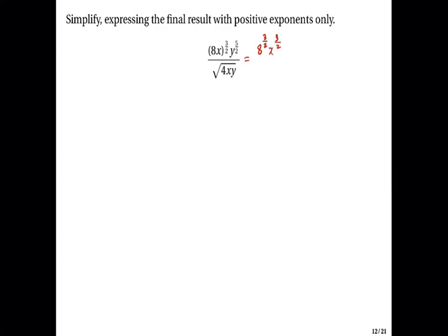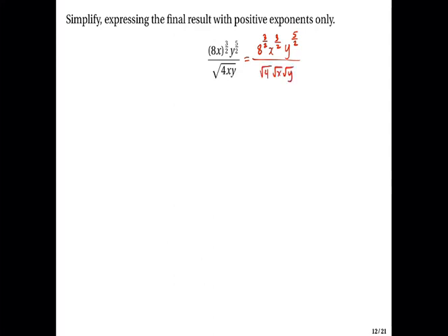And then you have your y raised to 5 halves. And then on the denominator, you have square root of 4xy. Okay? Let us do first square root of 4, square root of x, square root of y.